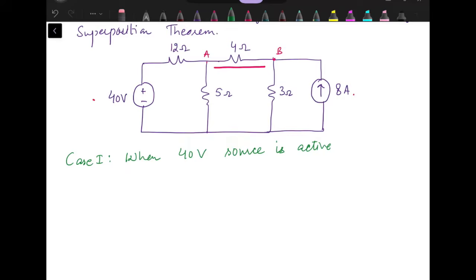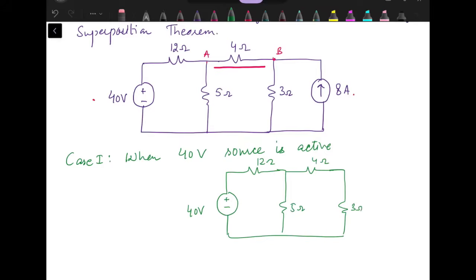When 40 volt source is active, we have to redraw the circuit. 40 volt is active, so it will remain in the circuit as it is. 12 ohm resistance, then we have 5 ohm resistance, 4 ohm resistance, 3 ohm, and we need to replace this 8 ampere current source by its internal resistance, and for an ideal current source, the internal resistance is infinite, so it has to be replaced by an open circuit.